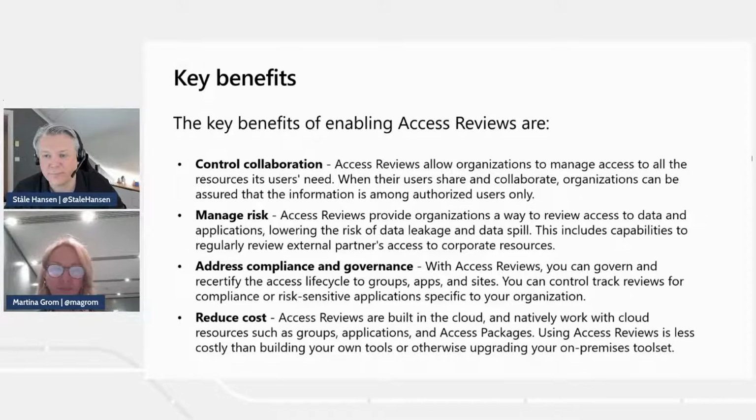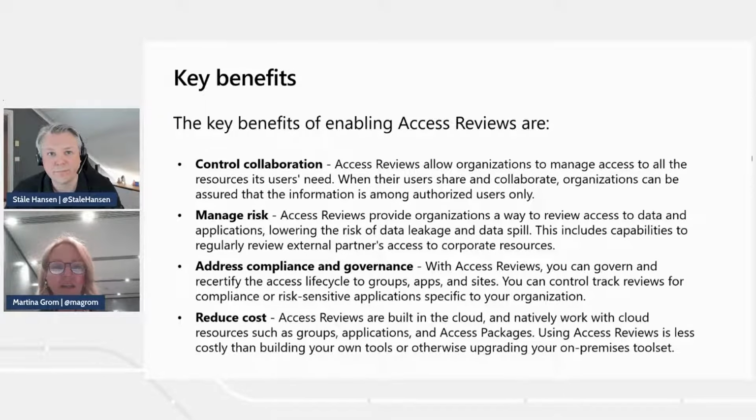And the last point, also a great benefit, is you can reduce costs with that, because it works natively out of Azure Active Directory. If you have the proper license, which is part of AAD P2, you can do access reviews.